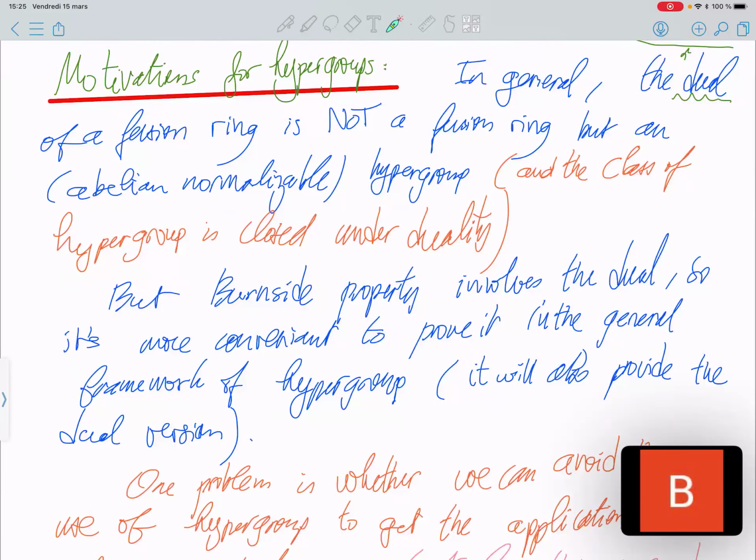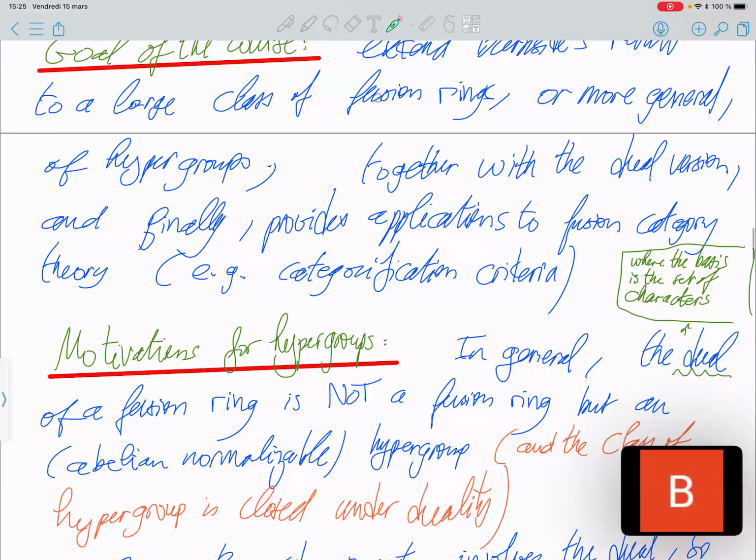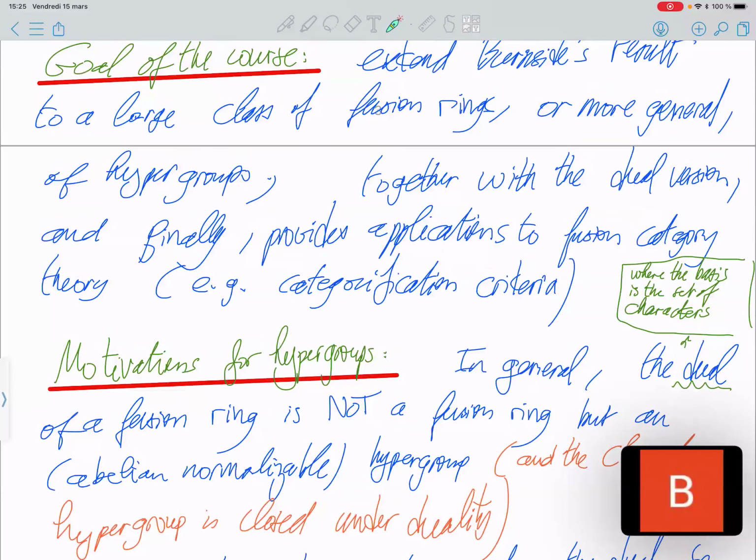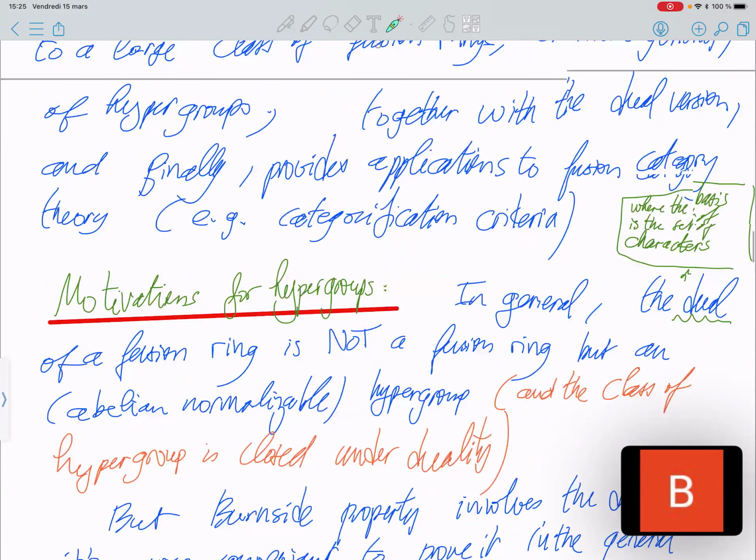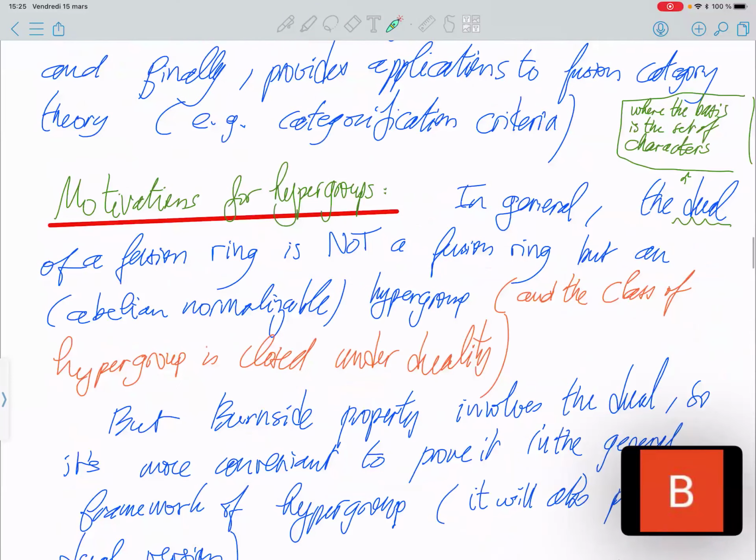First, the statement of the generalization of Burnside result for fusion ring, or even for fusion category, involve taking the dual of the fusion ring or the dual of the Grothendieck ring. But this dual is not a fusion ring in general. So it's a hypergroup. So it makes sense to consider hypergroup.